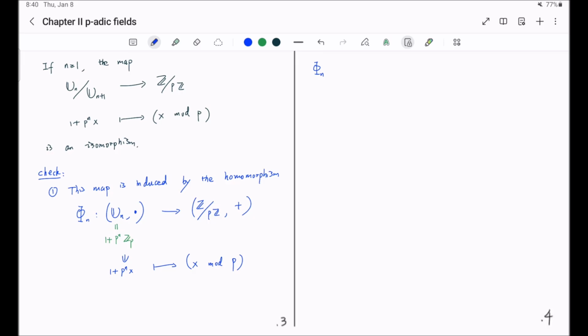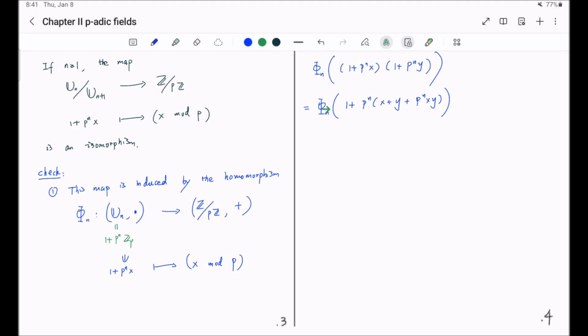Phi sub n of the product of 1 plus p^n x and 1 plus p^n y, this is 1 plus p^n (x plus y plus p^n xy). This guy is in Z_p.